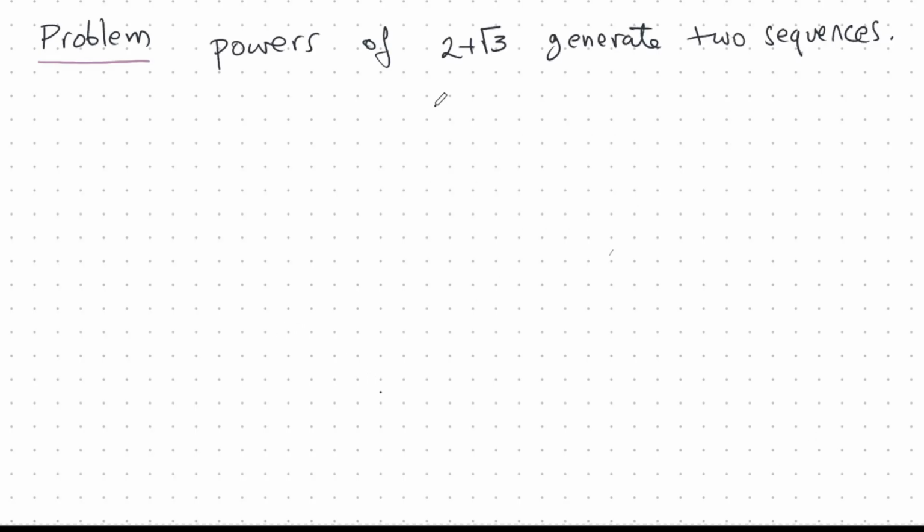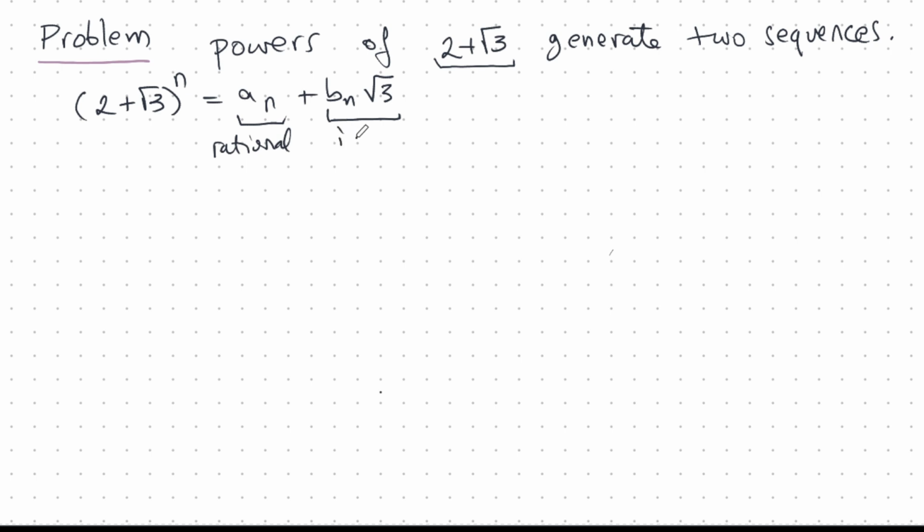So here's today's problem. We are given a quadratic integer 2 plus root 3, and the powers of this generate two sequences in the following way. Like this, (2 plus root 3) to the power n will be some rational part plus an irrational part like this. So a quadratic integer has a rational part and also an irrational part.